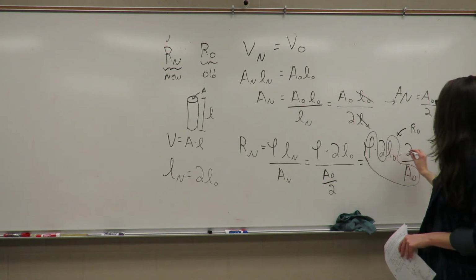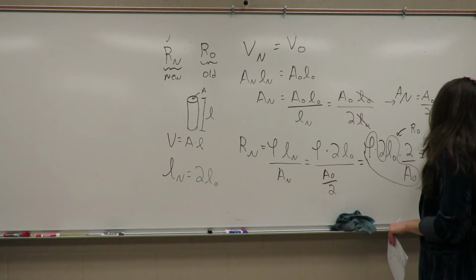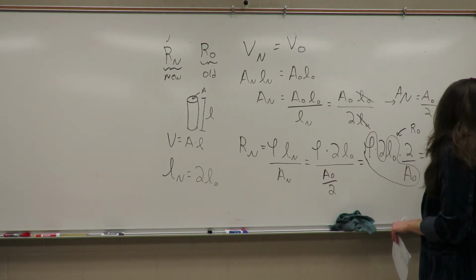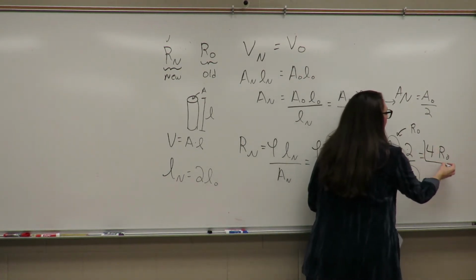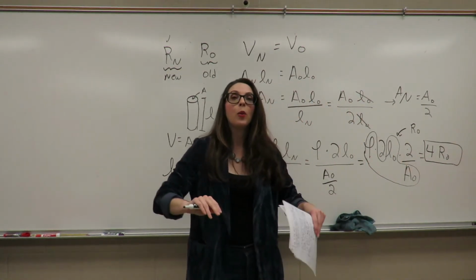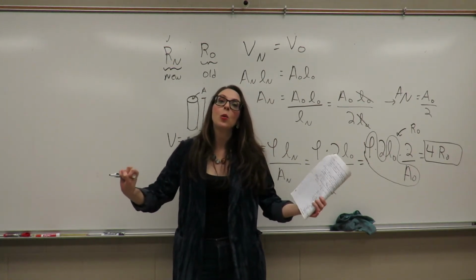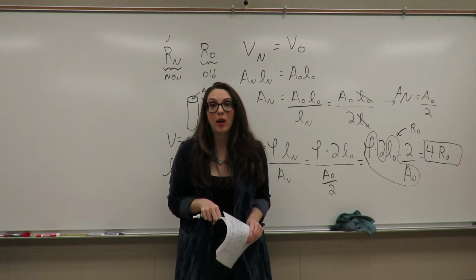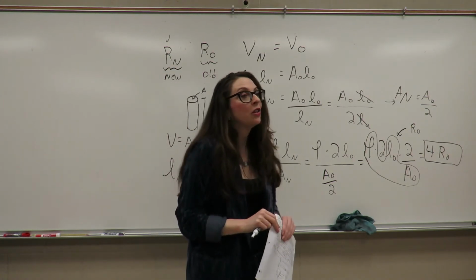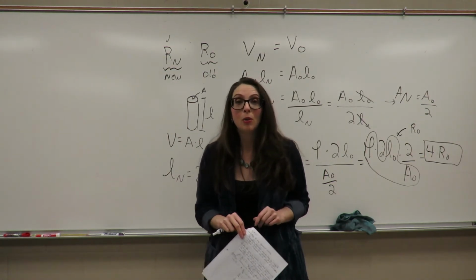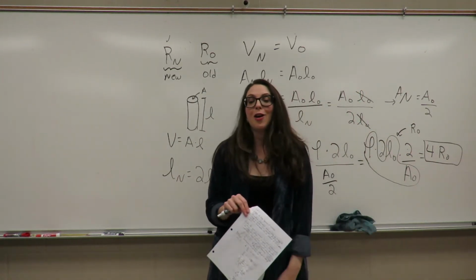And then we're left with 2 times 2. So our new resistance is equal to 2 times 2, or 4 times our old resistance. We've taken our wire and reformed it so that it's twice as long as it originally was, and when we make it twice as long, we don't change the resistance by a factor of 2. We actually increase the resistance by a factor of 4.